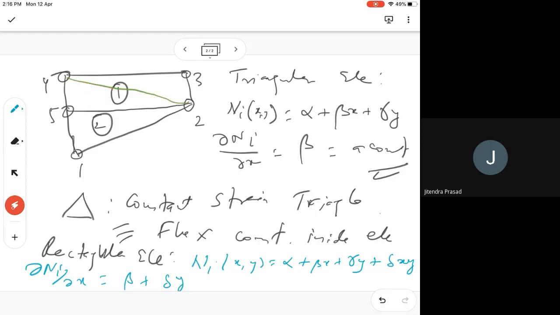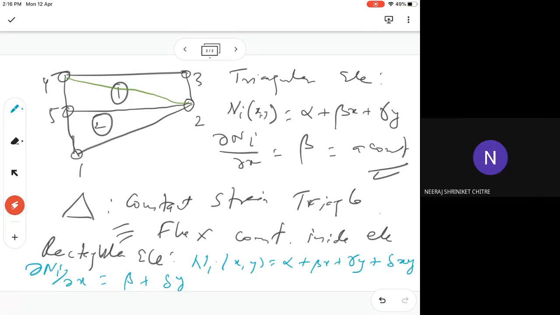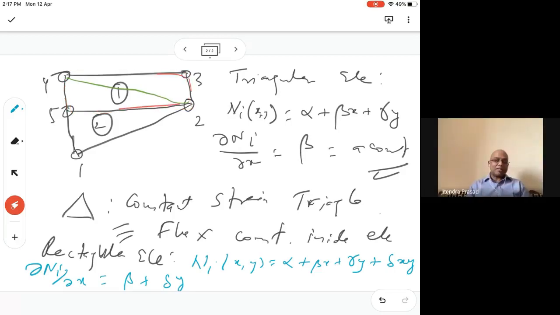So the flux here and the flux here will be different. They will be constant, and at this edge they will not match. You follow? Okay. So it depends on the problem. In some problems it could be such that it matches here also. But in general, you can see that this has better accuracy.